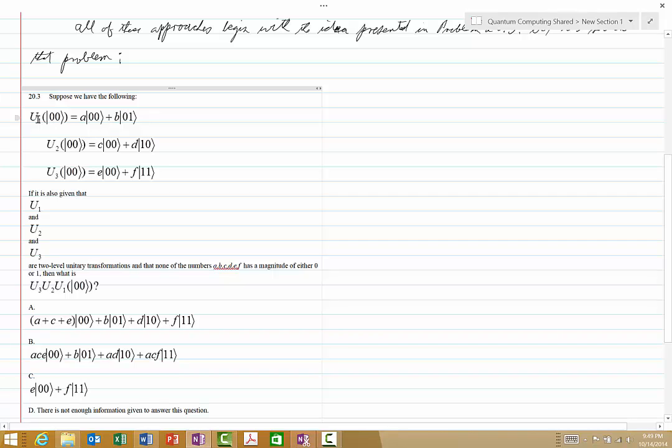That means right away that, since U1 is 2 level, it affects only 2 states in a non-trivial way, and since B is not equal to 0, one of the states that is non-trivially affected by U1 is the 0, 0, and the other one is 0, 1. So we know immediately that U1 will act trivially on 1, 0 and 1, 1.